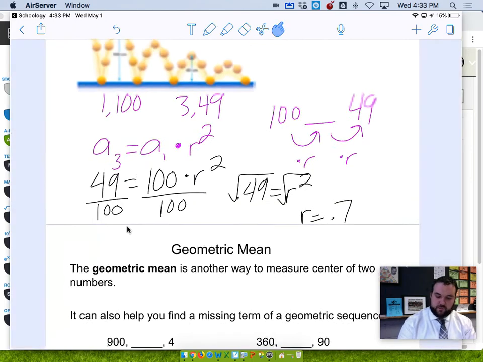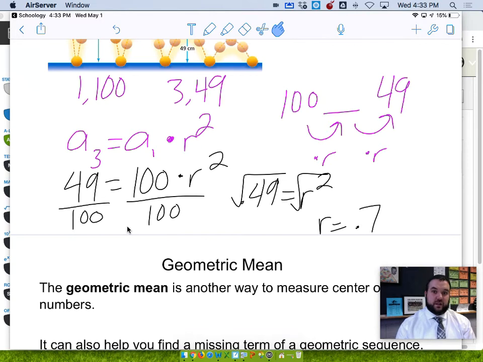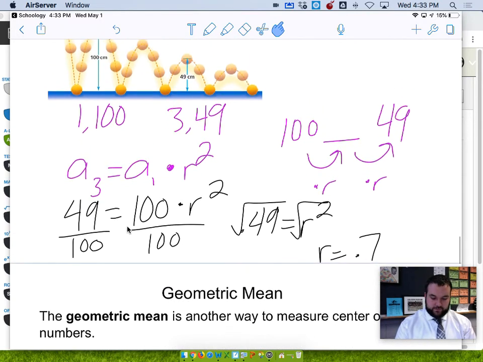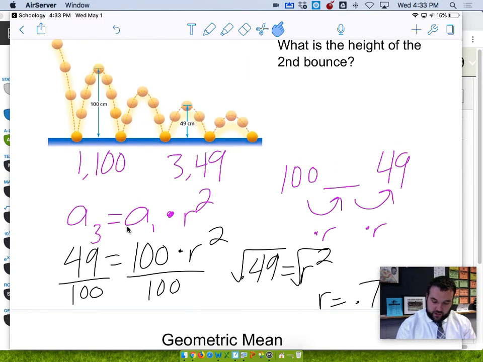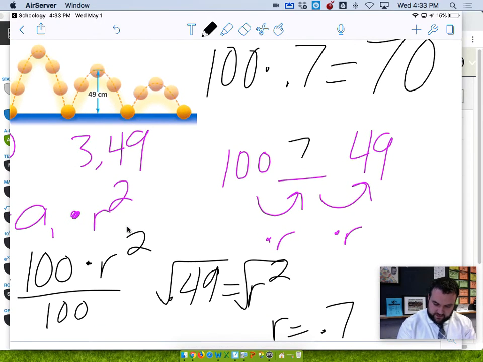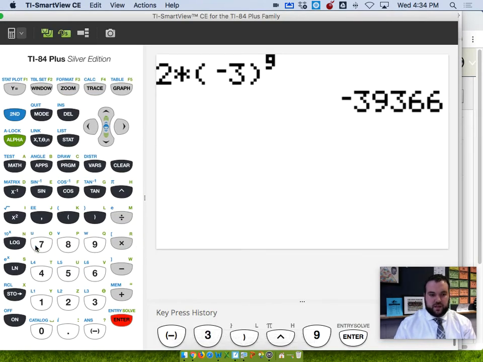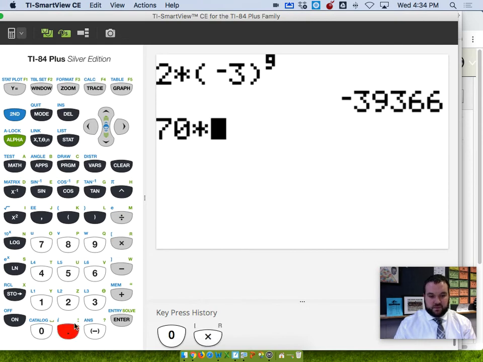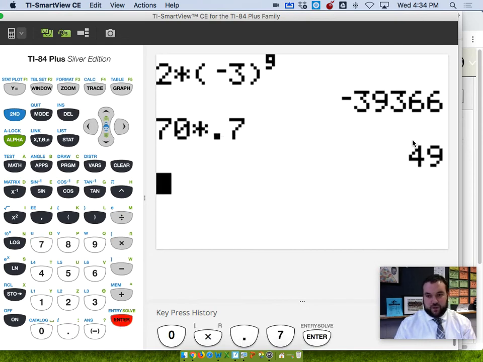So that gives me the common ratio, but that doesn't give me the missing value. To find the missing value, I'm going to take 100 and multiply by 0.7 to get 70. So that means the second bounce was at a height of 70 centimeters. And if we check just to be sure, if we take the second bounce and times by 0.7, I get the height of the third bounce, which was 49.